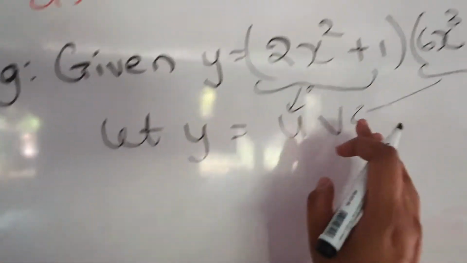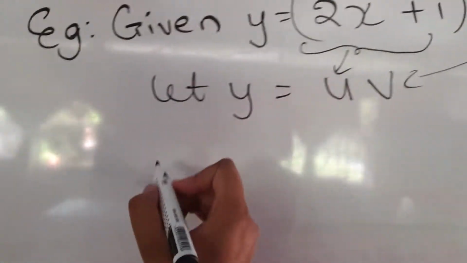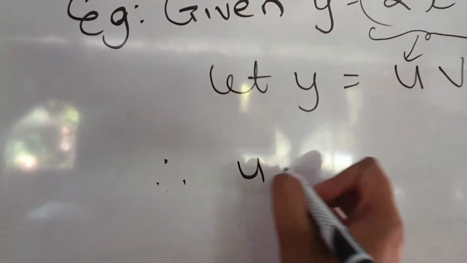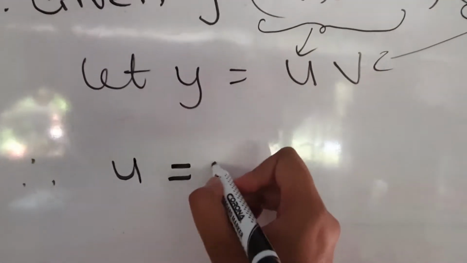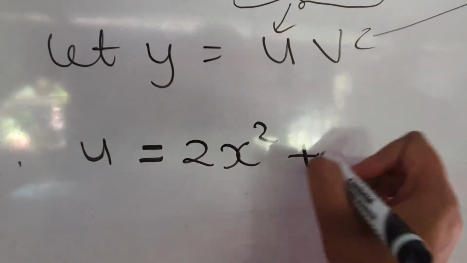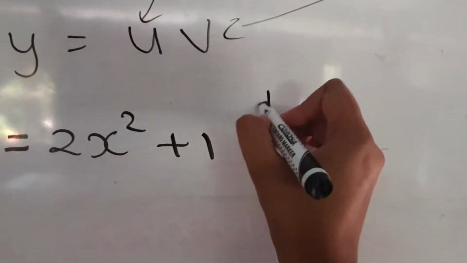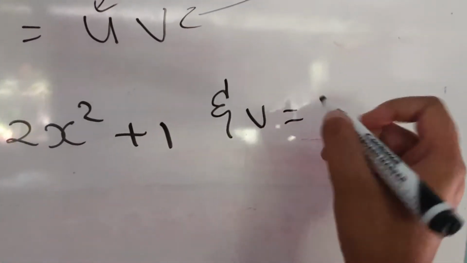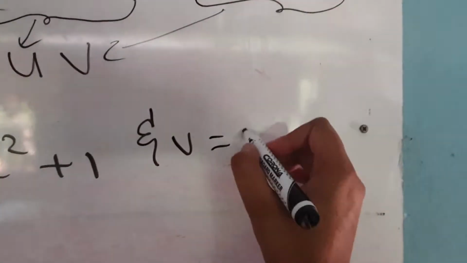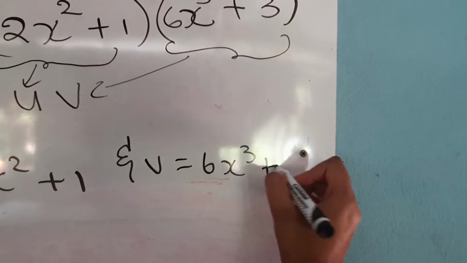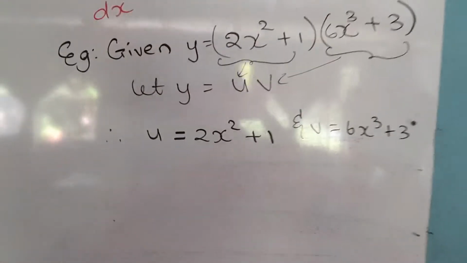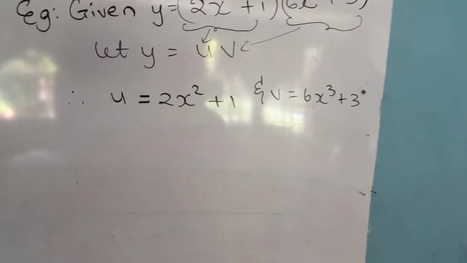So we let this equal to uv, so that means u is equal to 2x squared plus 1, and v is equal to, from above here, x to the power 3 plus 3, right? So we just write it down there. Good.